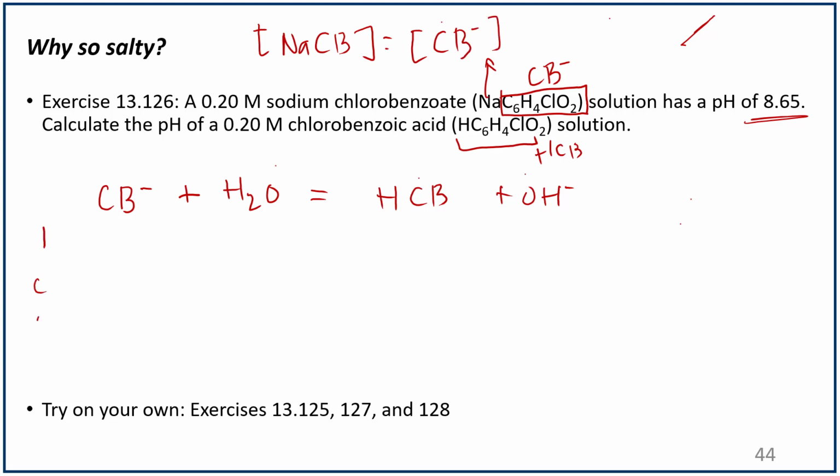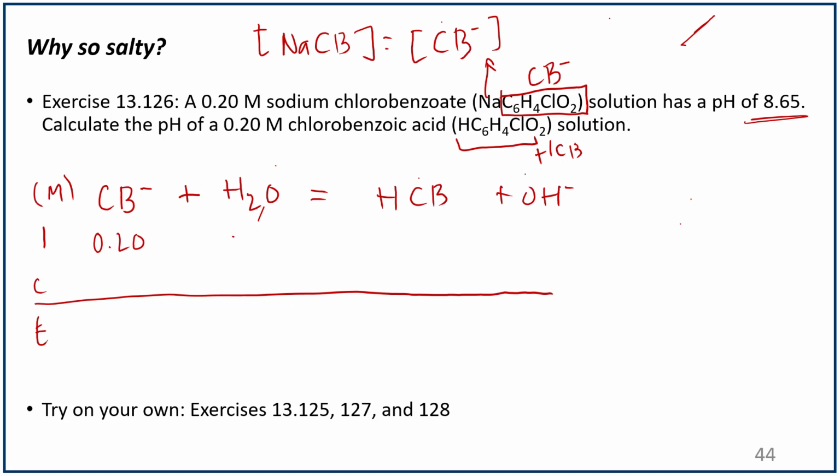So for the ICE table, the initial concentration of chlorobenzoate ions is 0.20. We ignore water, and we start with 0 of chlorobenzoic acid and 0 of hydroxide. We have a change of x as the system goes into equilibrium, so 0.20 minus x for the chlorobenzoate, and x at equilibrium for each of the products.